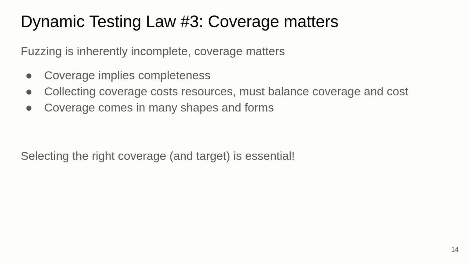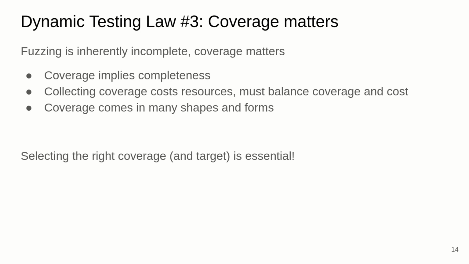Third law of testing, coverage matters. Fuzzing is inherently incomplete, therefore coverage and the distribution of energy across the different areas matters a lot. To actually find the bug, you have to execute the code of the bug, right? The code underneath it.